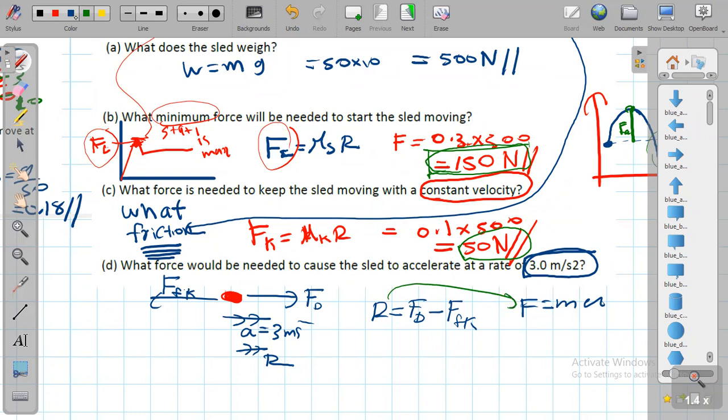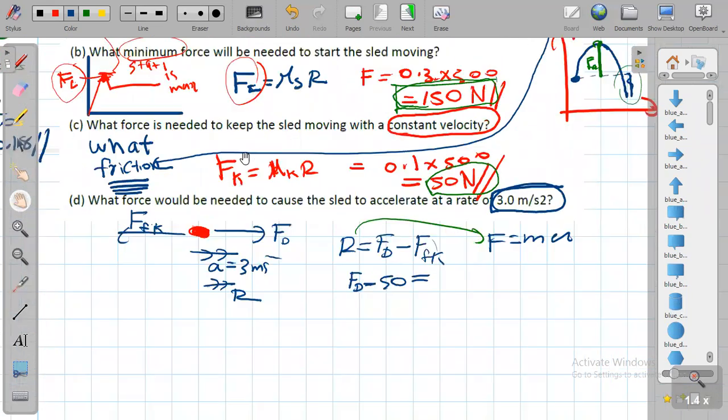Let's see how it is. The driving force is what I don't know. But the kinetic friction now I know is 50, and M is the mass of this sledge, 50 kg.